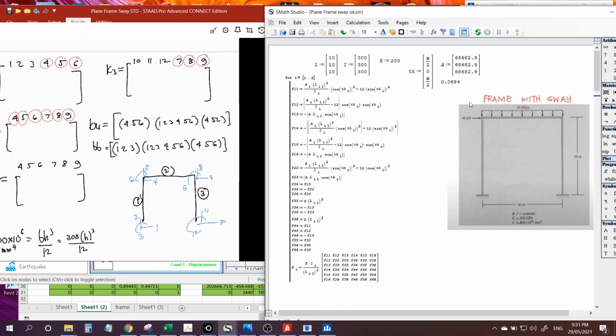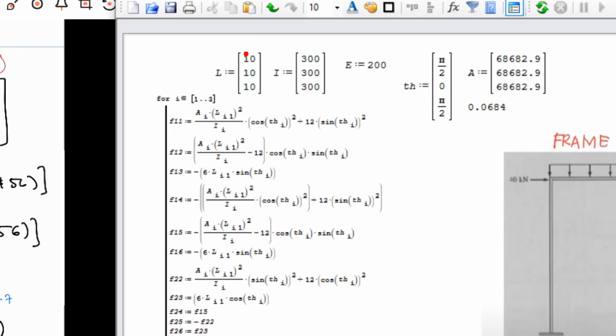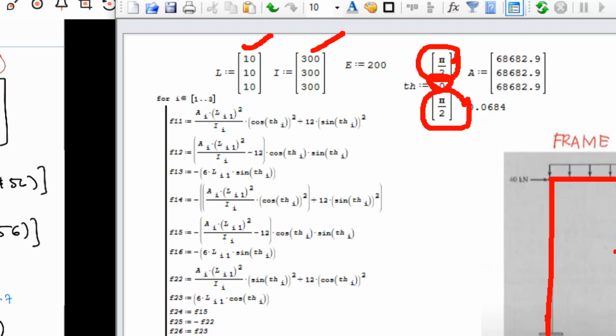Now for the length, 10, 10, 10. They are equal in length. Inertia, equal in inertia. The theta is pi over 2 because 90 degree, 0 because horizontal, and pi over 2 again because 90 degree. Take note, our orientation is from here going here, so that's pi over 2.